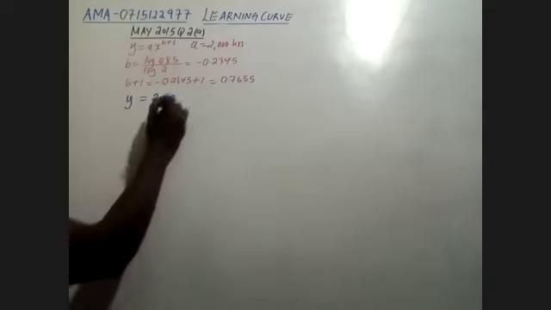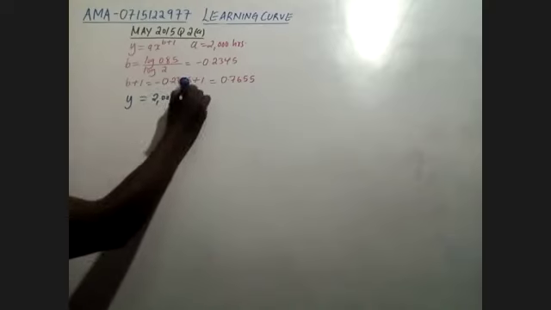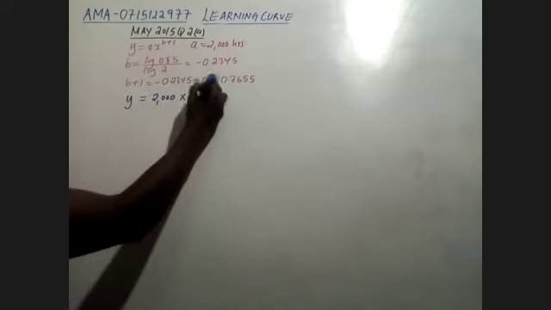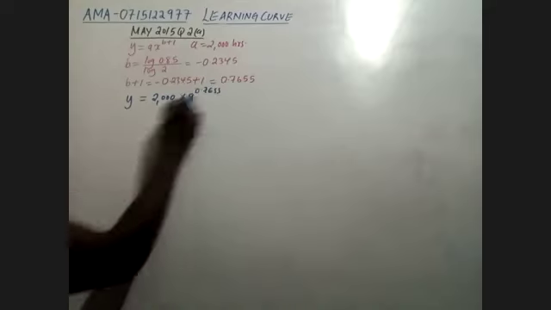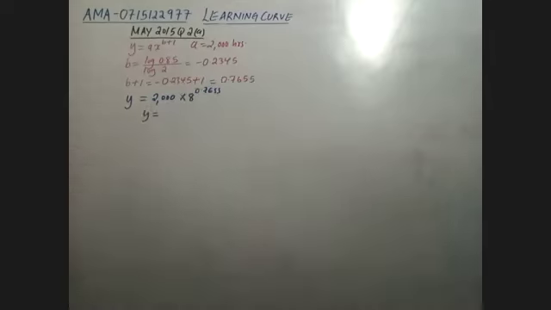So in hours for 8 units, we raise it to B plus 1, 0.7655. So what will Y be? I want you to tell me what Y is.